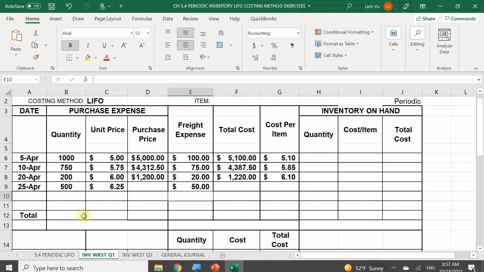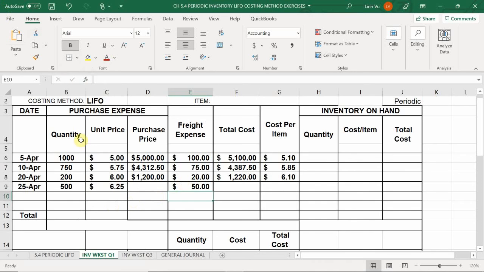So what is my total purchase price here? 3,125 plus 50 gives me a total cost of 3,175, which then brings my cost per item to be $6.35.